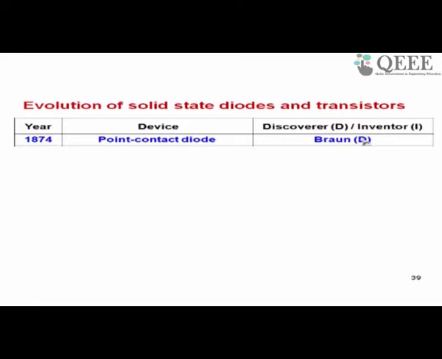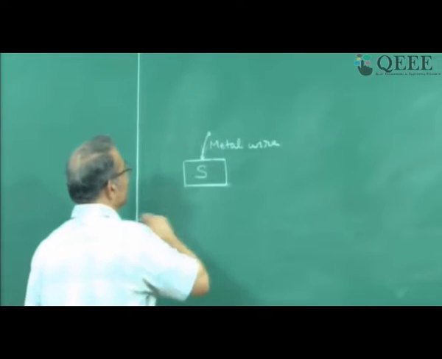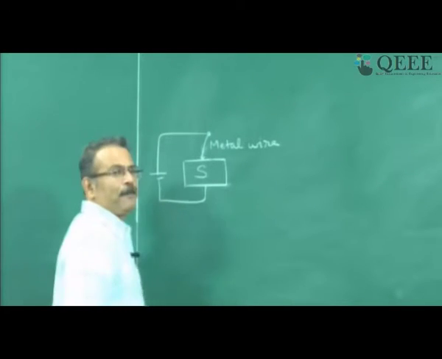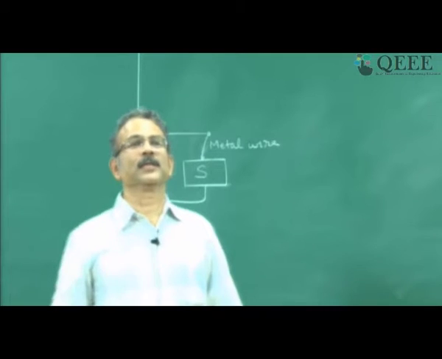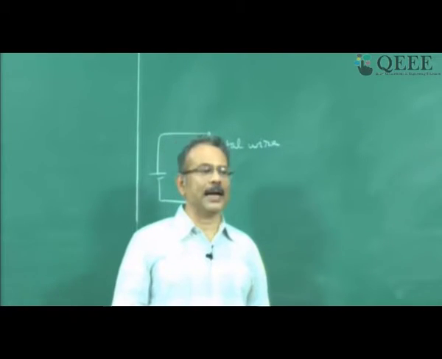But invention is something that you conceive in your mind, you have a plan and then you try to realize it, right? And then it is realized, then it is invention. So this was a discovery, and accidentally while doing experiments, Braun discovered that this gives you rectifying characteristics when you connect a power supply. So this was the first solid state device, solid state diode, 1874. Metal semiconductor contact, that is how it was.